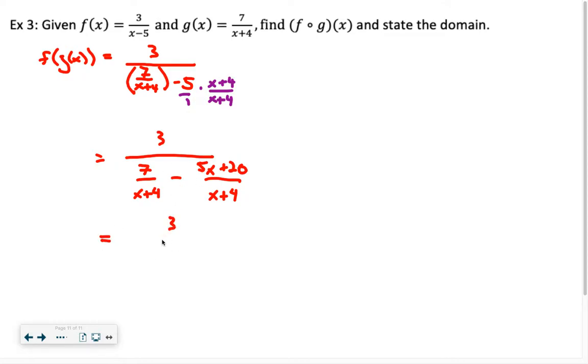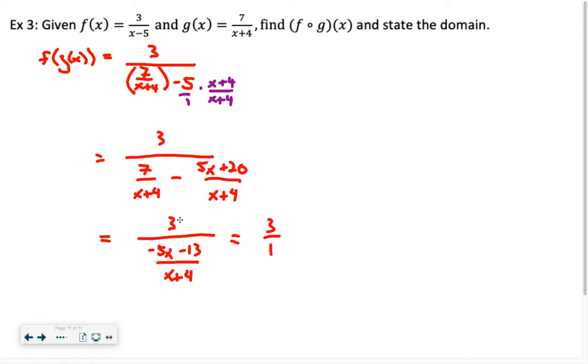Then in the denominators, when I combine, I'll just have negative 5x, and 7 minus 20 would be negative 13 over (x + 4). And then I would be multiplying by the reciprocal. So 3 is the only thing in my numerator, right?